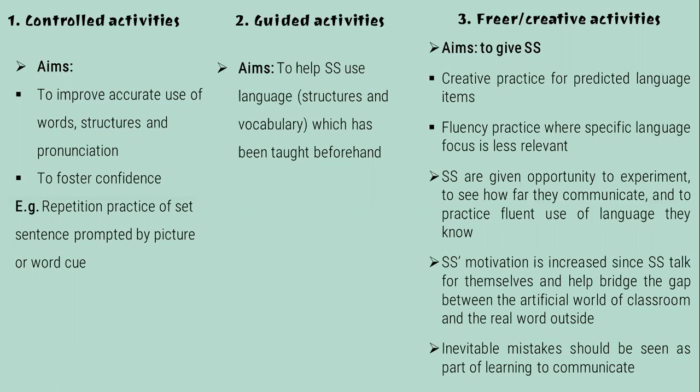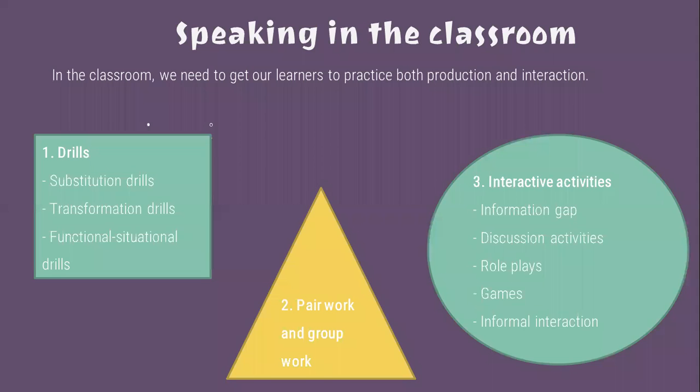Inevitable mistakes should be seen as part of learning to communicate. So speaking in the classroom, we need to get our learners to practice both production and interaction. There are three types. The first type is drill.